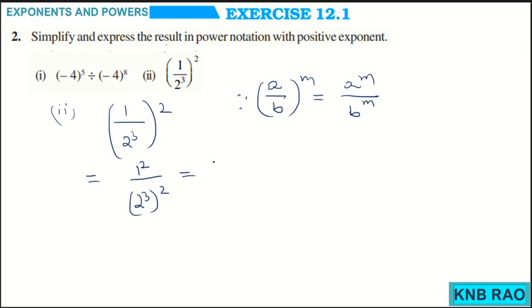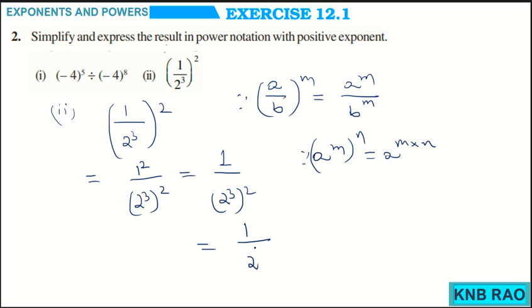Now you know 1 square is 1 only, upon 2 cube whole square. Again we will use another identity, a power m whole power n, which is a power m into n. Based on that, this denominator 2 cube whole square becomes 2 power 3 into 2, so 1 upon 2 power 6. 3 into 2 gives you 6. So 1 upon 2 power 6 is the right answer.